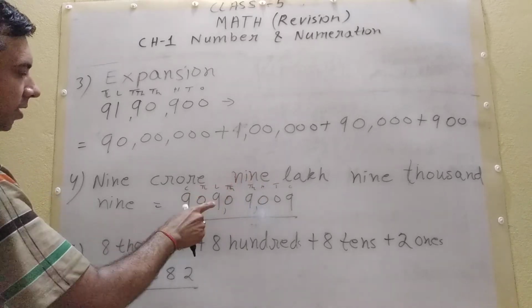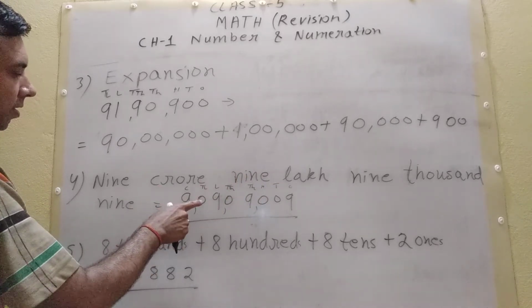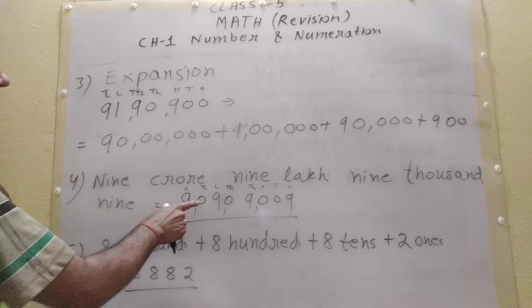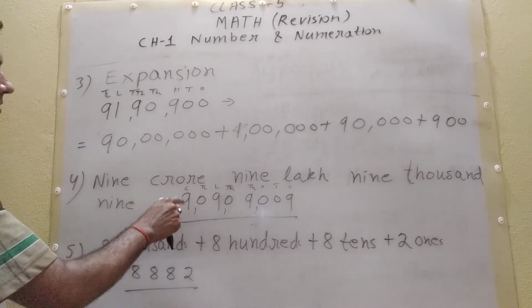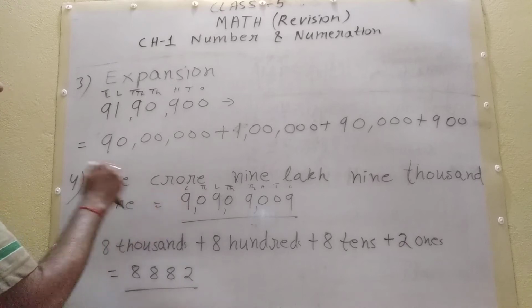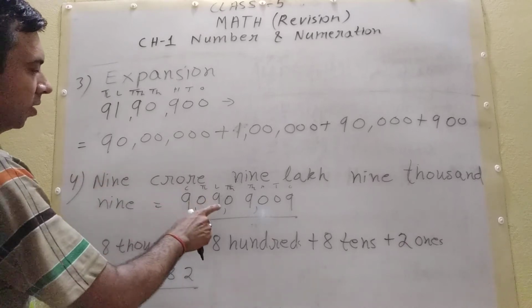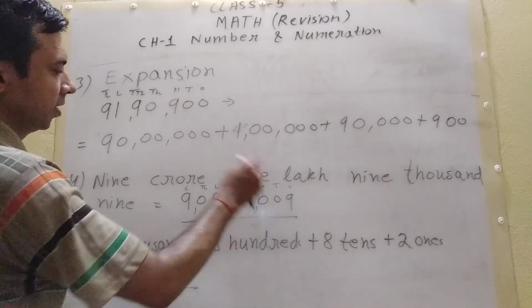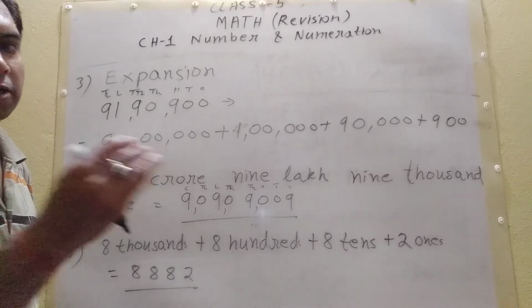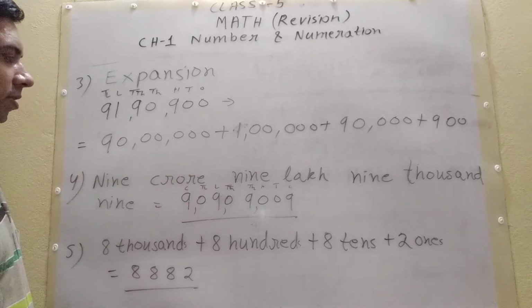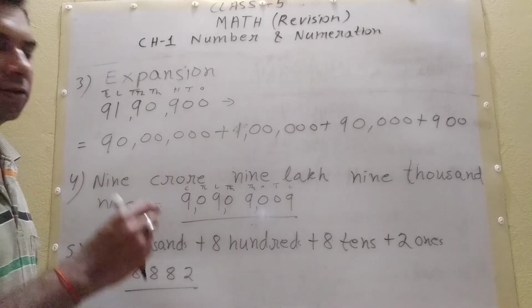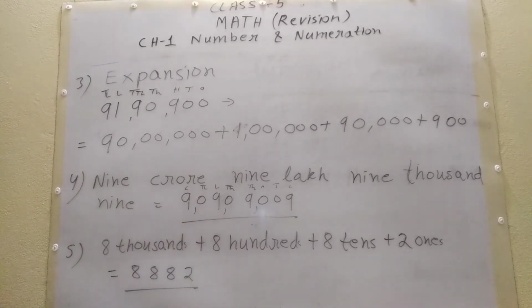Again lakh place 9, write 9 here, and here the 10 lakh place is 0, nothing, so write 0, and here the crore place is again 9. So 9 crore 9 lakh 9,009. So first you write the place value and below that place value you write the numbers. In this way you can easily write the figure of the number name.